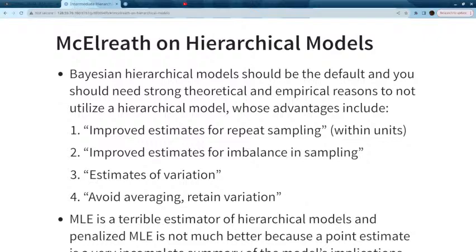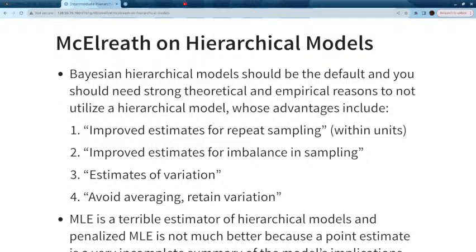Also, if you do a hierarchical model that is more complicated than just, okay, the intercept varies randomly across big units, that one is simple enough that maximum likelihood is not as good as Bayes, but it's not totally terrible. But if you start to do hierarchical models that are more complicated than just random intercepts across big units, maximum likelihood is often going to yield an estimator on the boundary of the parameter space.